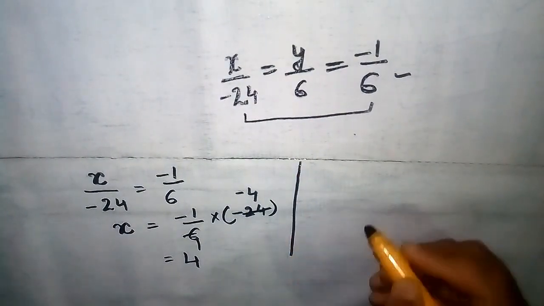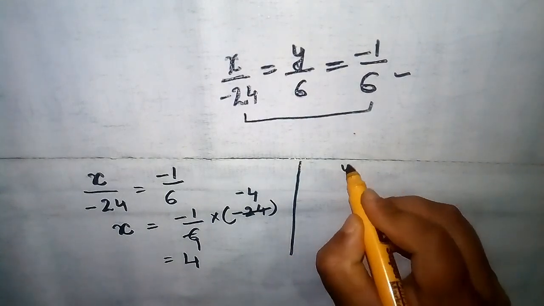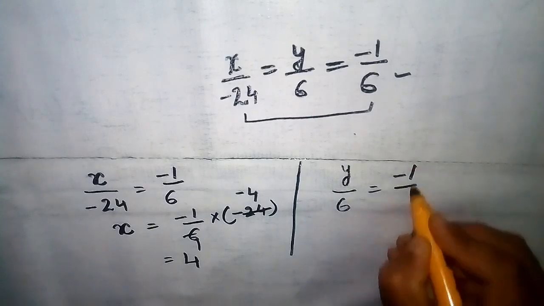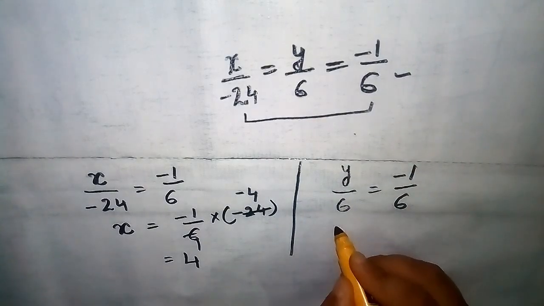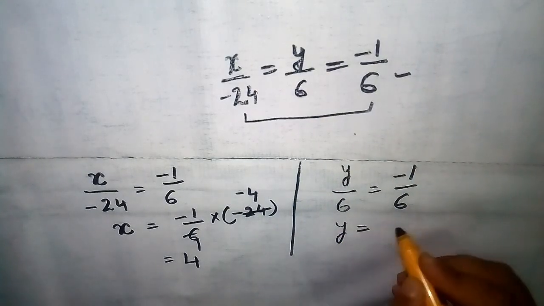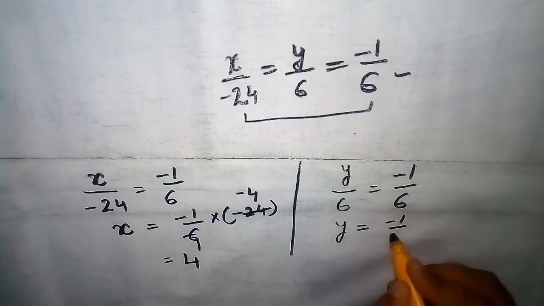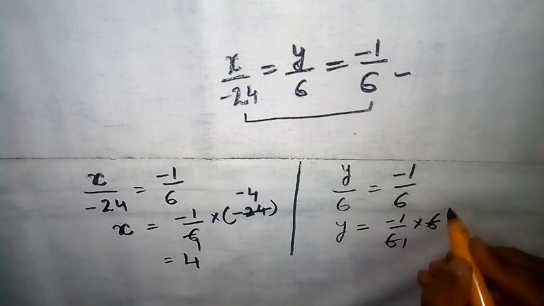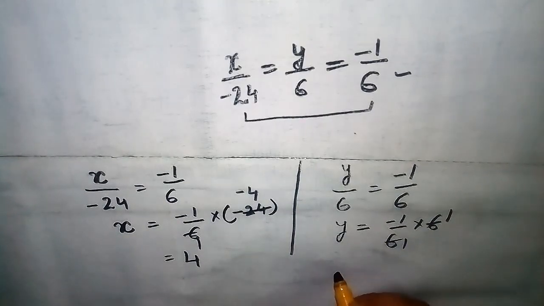Now for the value of y, let us take second and the last part, that is y upon 6 and minus 1 upon 6. So take 6 to the right side again, it will go in multiplication, and 6 1s are 6, the value of y will be minus 1.